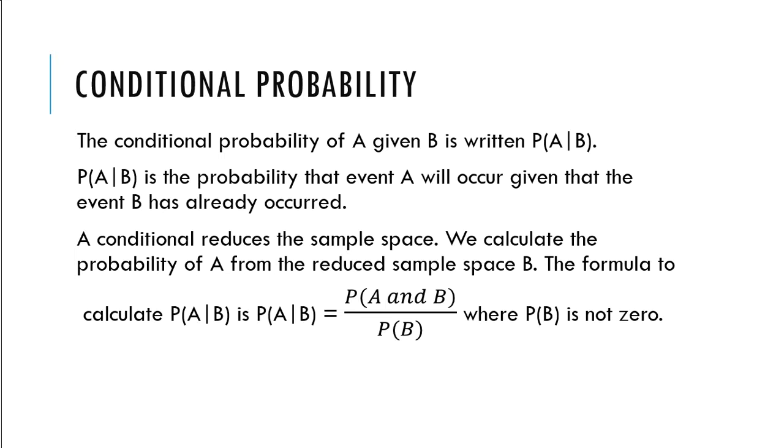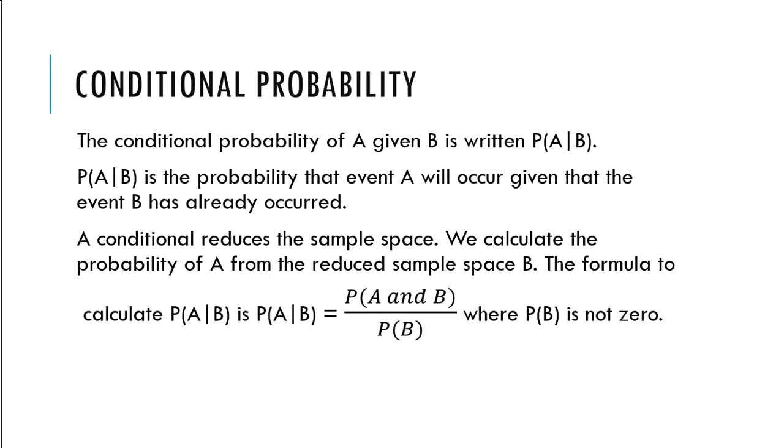All right, so conditional probability. The conditional probability of A given B is written P(A|B). The probability of A given B is the probability that event A will occur given that B has already occurred. Let me say that again. The probability of A given B means that event A is going to occur, but event B has already occurred.